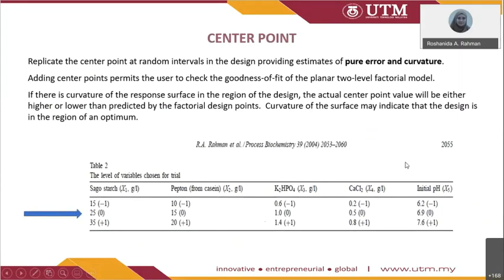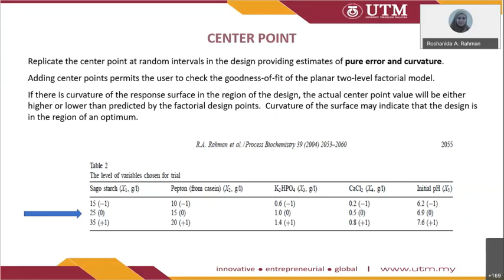And when you do a 2-level factorial design, in the first place, the software will not suggest the center point, because we only have two levels, -1 and +1. So there is no third value. But if you want to add another set of experiments, for example, we have two levels with 3 factors, we have 2 power of 3, which is 8 runs of experiments.